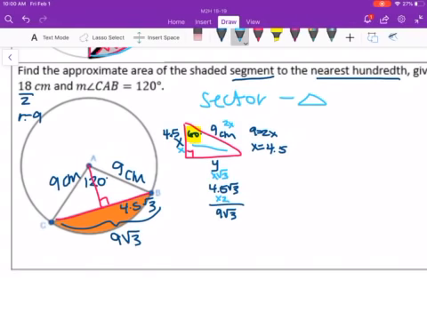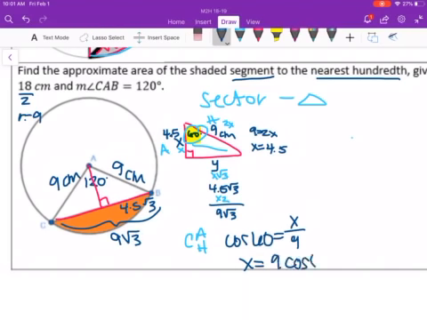So I'm going to use trig. So if we were to find x from our 60-degree angle, that's our adjacent and hypotenuse. So that would be our CAH, right? So cosine of 60 would equal x over 9. When you cross multiply, x equals 9 cosine of 60. And when you put 9 cosine of 60 in your calculator, you still get 4.5, right?